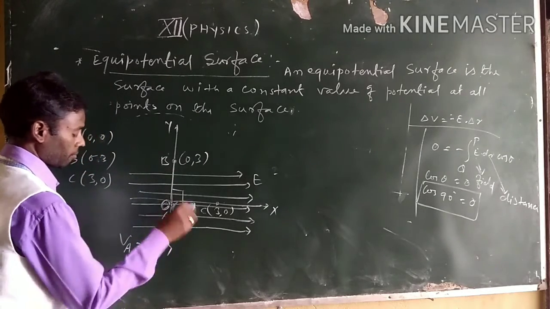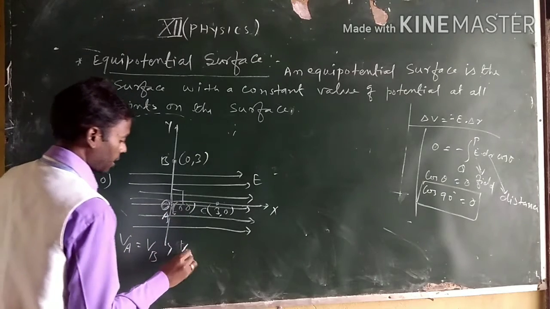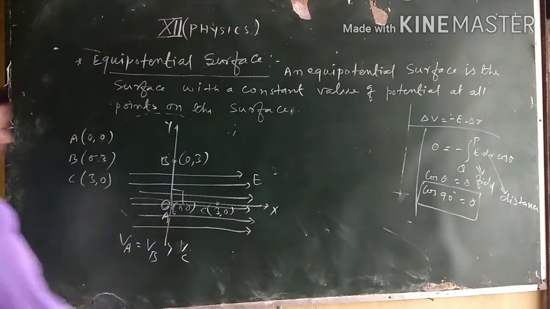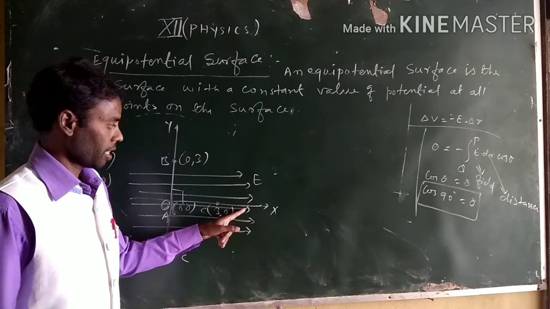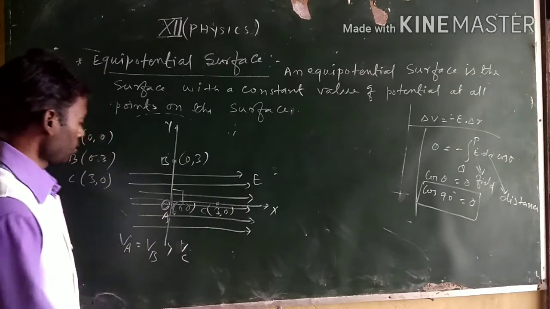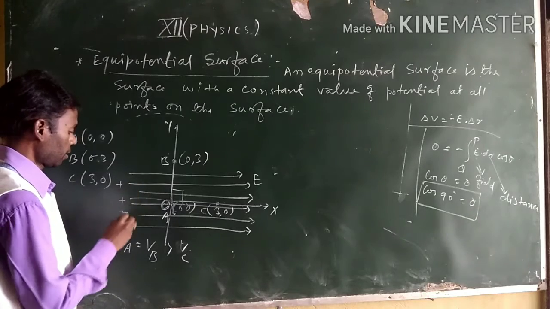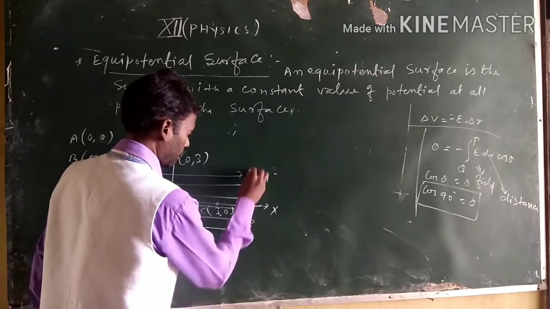Now the potential at C is less, how? Because here is the positive charge and here is the negative charge.